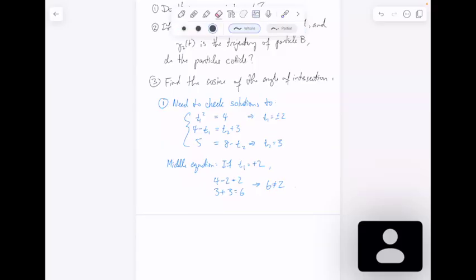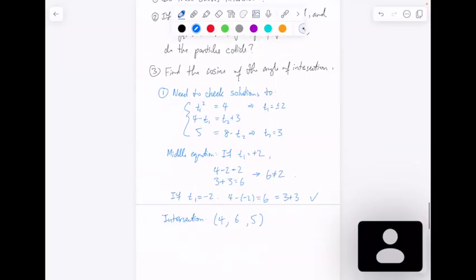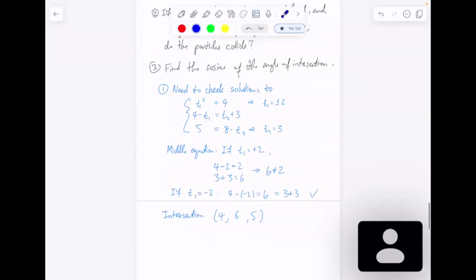However, if t1 is minus 2, then 4 minus (minus 2) is equal to 6, which is equal to 3 plus 3. So this is good, which means the intersection, or the crossing, is at x equal to 4, z equal to 5, and y equal to 6. This is the equation for x, and you want x to be at 4. So x is 4, z is equal to 5, and y, you figured out, has to be equal to 6.